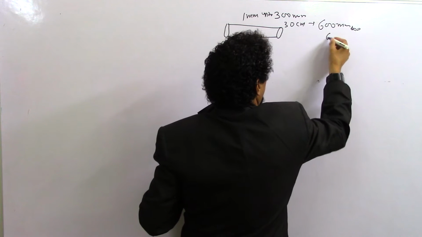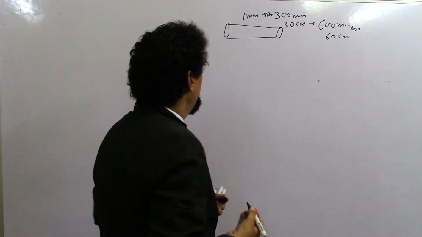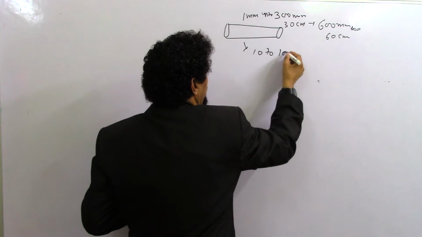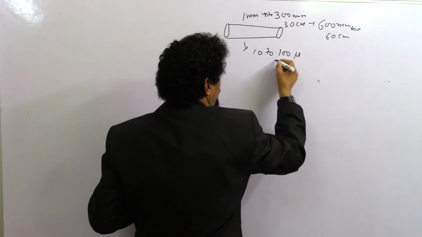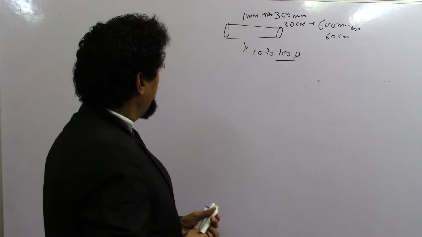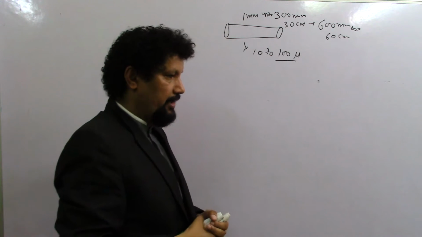The diameter of the muscle fiber is 10 to 100 micron, and it is covered by the endomysium.